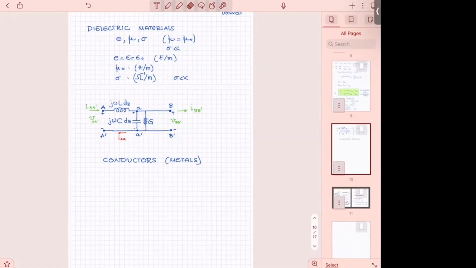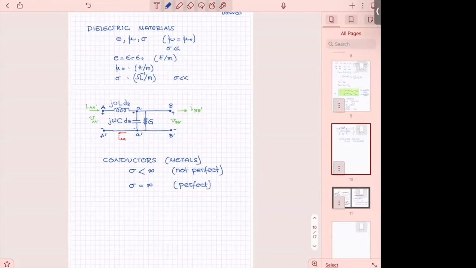But they have sigma. And if sigma is not infinite, that implies that the conductor is not perfect. And if it is infinity, it implies that it is perfect.